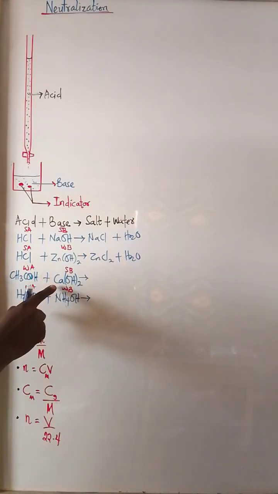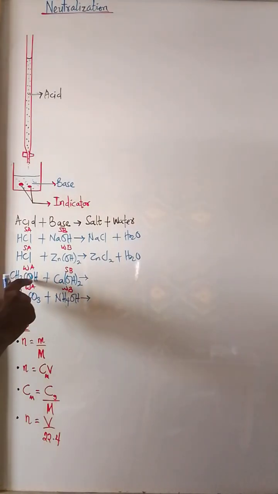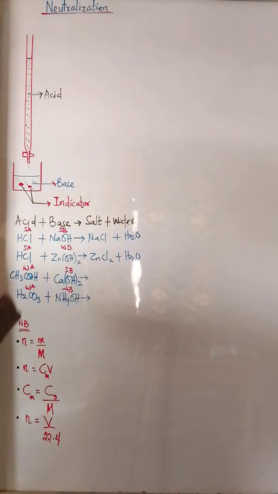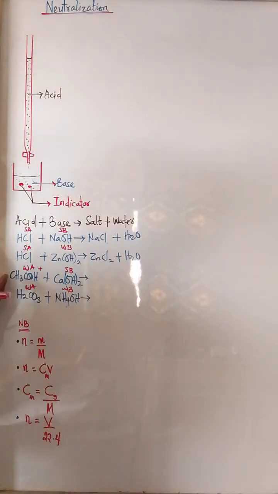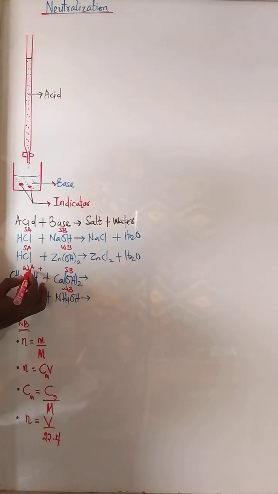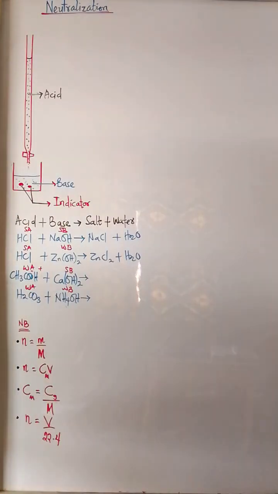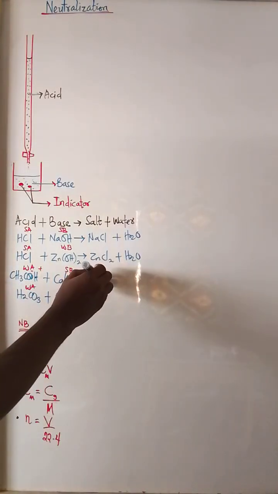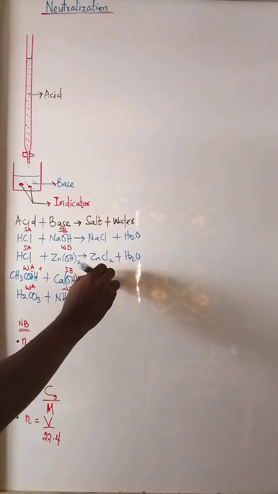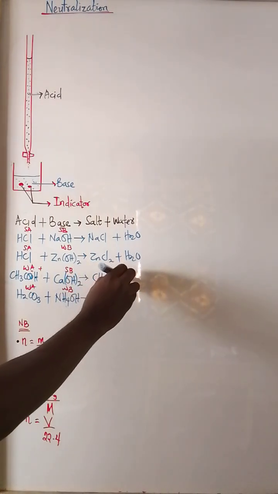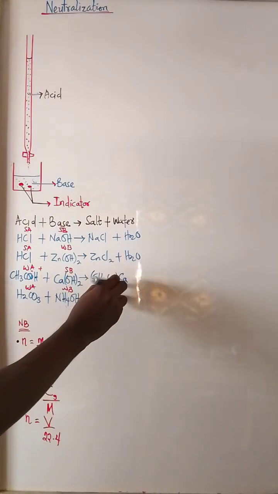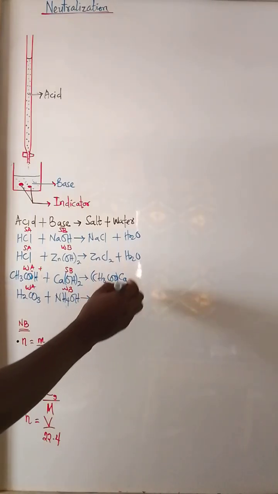In this case, the cation is actually H plus. The anion here is what? CH3COO minus. So this cation will come here, and the salt formed is going to be CH3COO with calcium, but there will be 2 here because calcium is divalent, plus water.